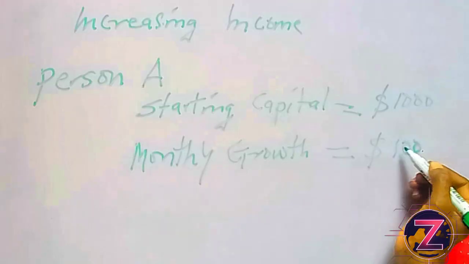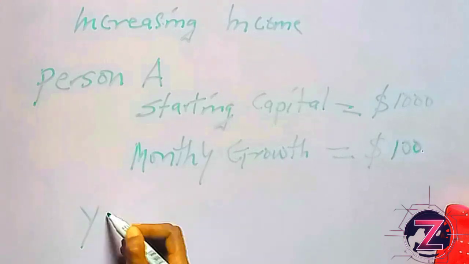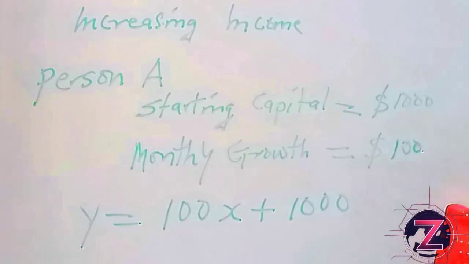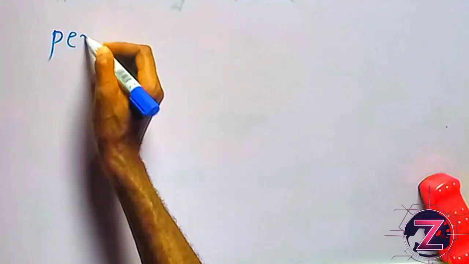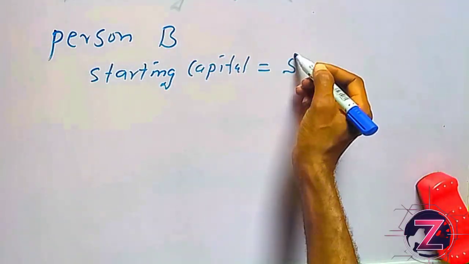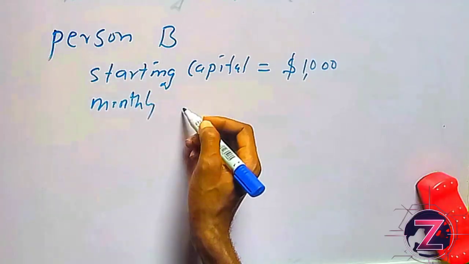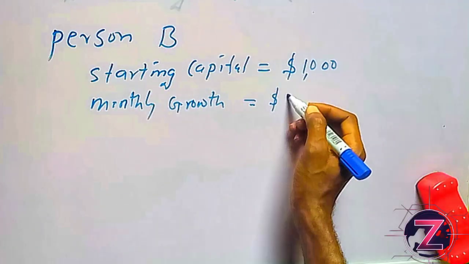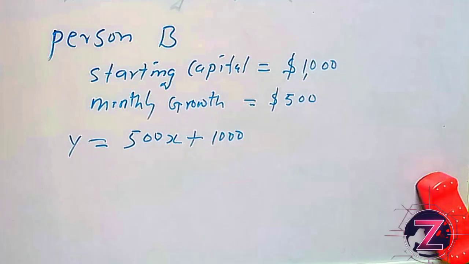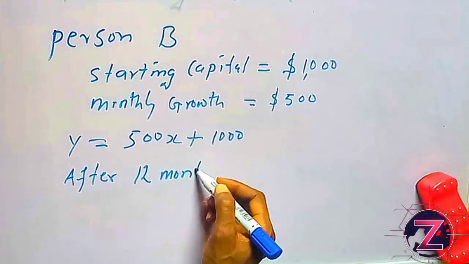A linear equation here will be y equal to 100 times x plus 10,000. Then person B, starting capital 1,000, monthly growth equal to $500. The linear equation here will now become y equal to 500 times x plus 1,000.